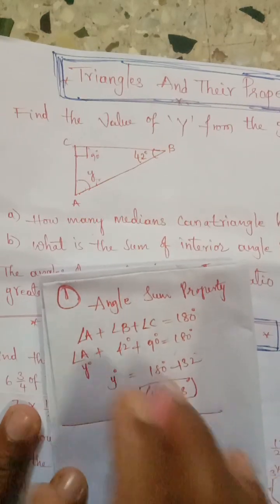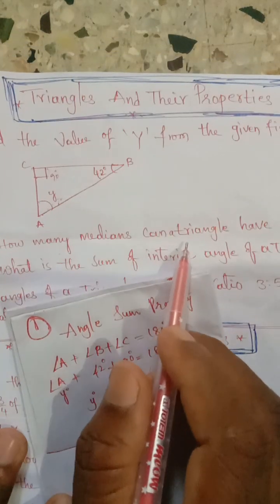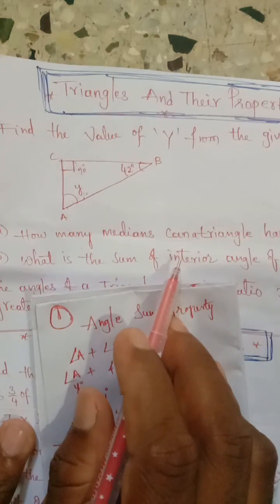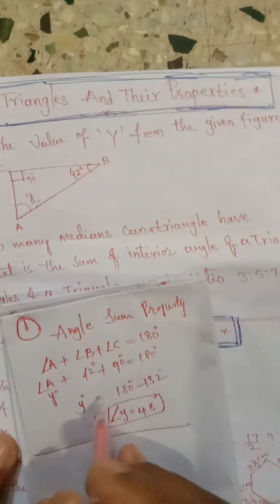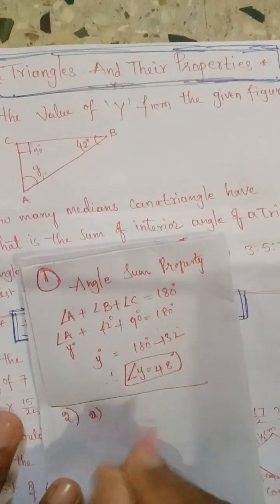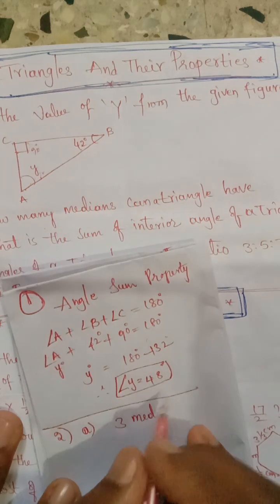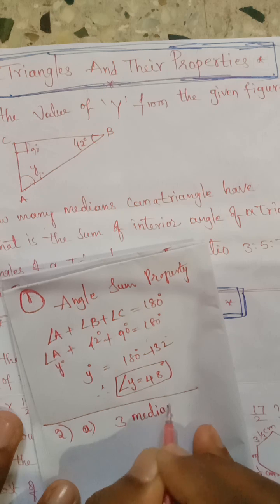Next, question number 2. How many medians can a triangle have? Our answer is 3 medians. We can draw 3 medians in any triangle.